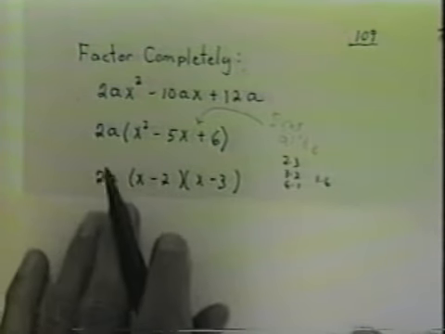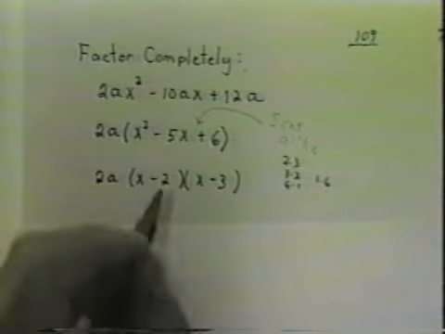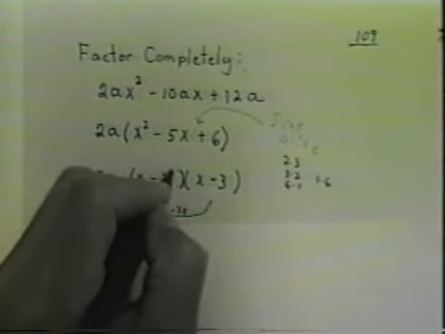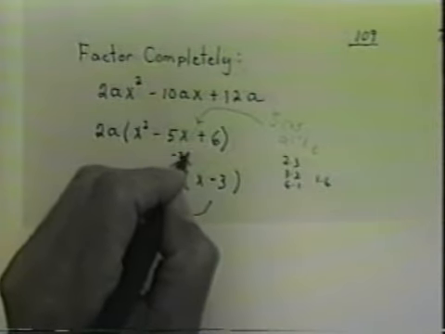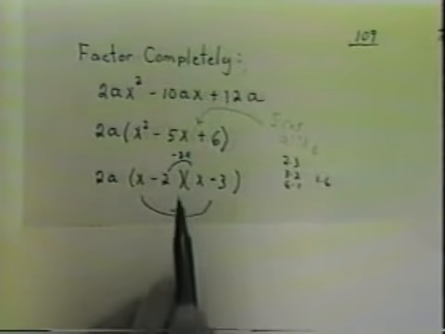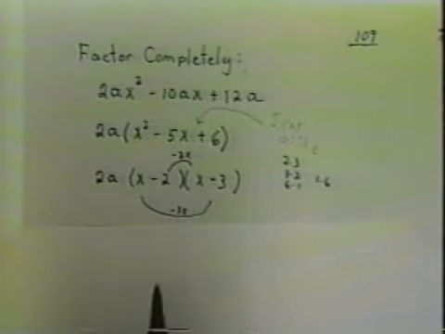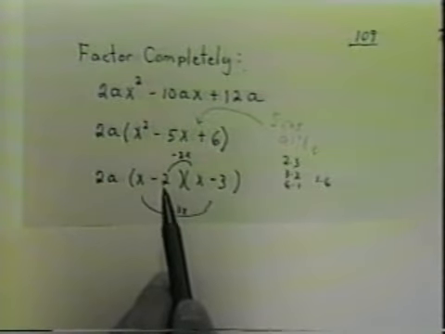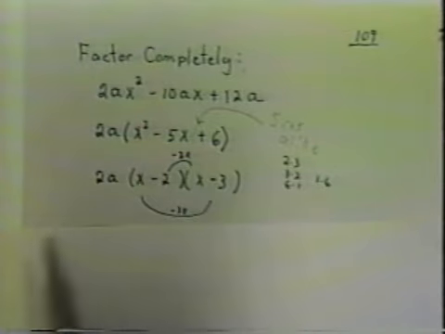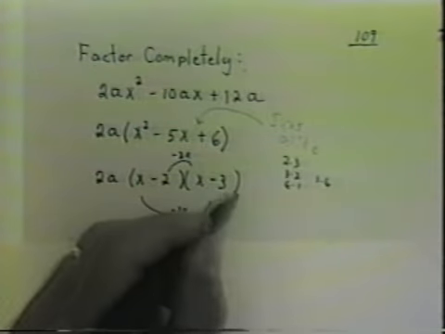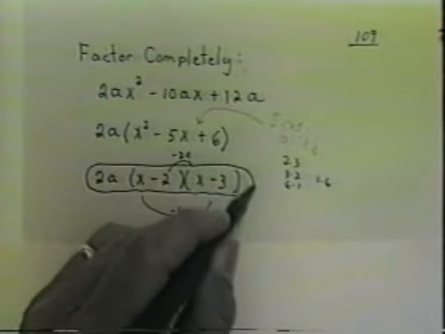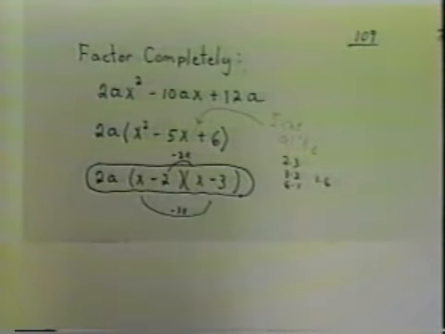If I multiply the outside terms together, I get a negative 3x. The inside would be a negative 2x. If I add the negative 2x and negative 3x, I get a negative 5x, so that checks. Now multiplying the last two terms together, a negative 2 times negative 3 is positive 6. So now I'll circle my answer, which is 2a times x minus 2 times x minus 3.